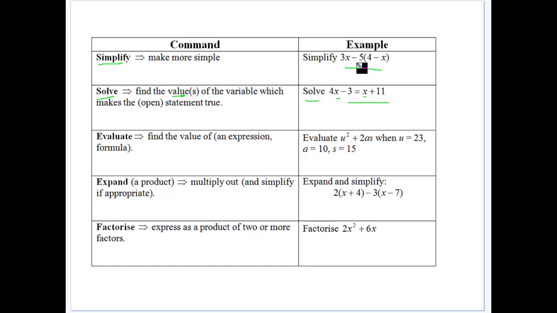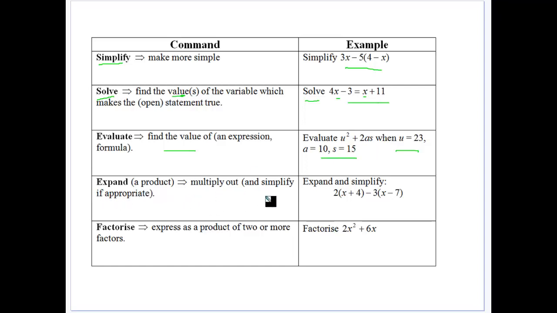We don't have a value to find when we simplify, but when we solve, we have a value to find. Evaluate means to calculate. So find the value of an expression or a formula given certain values. We might have an expression or equation in terms of a formula, and to evaluate it means to find a particular value.